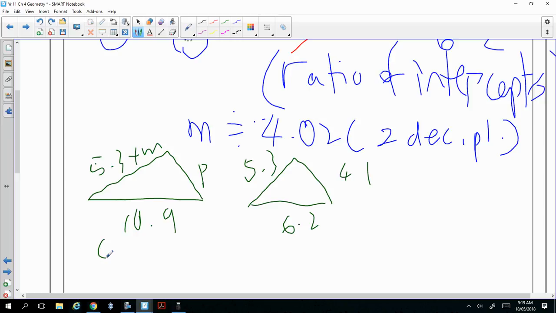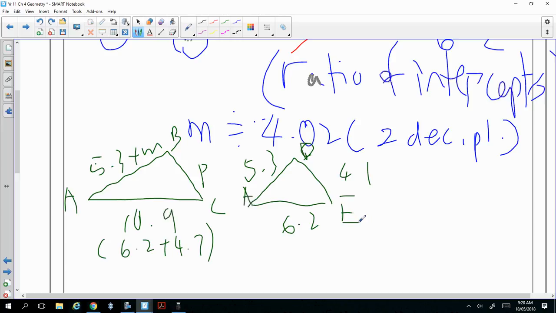So let's prove the two triangles are similar. We can write triangle ABC and triangle ADE, and then prove they are similar.